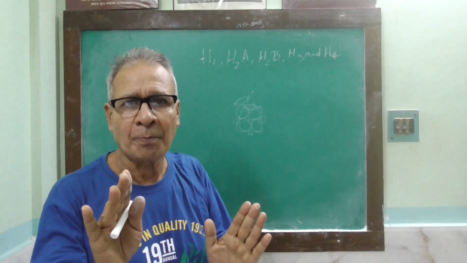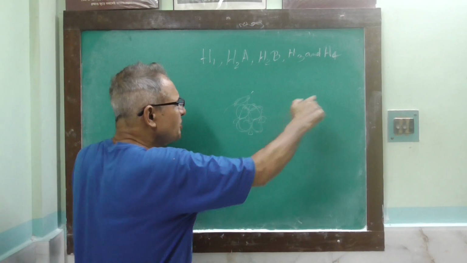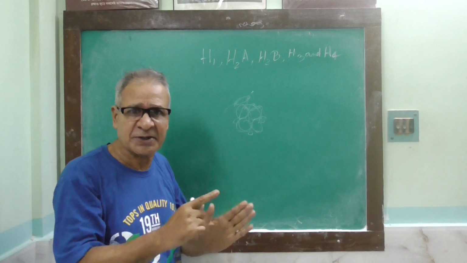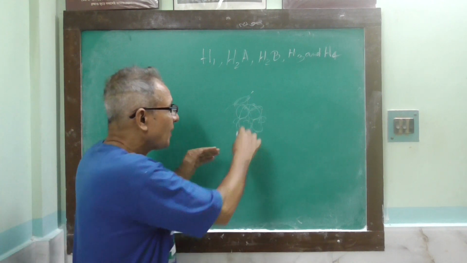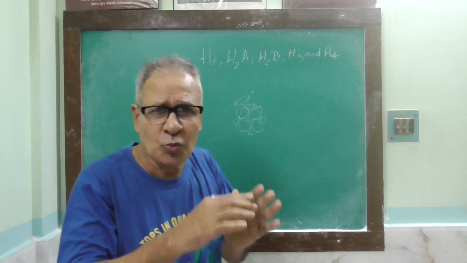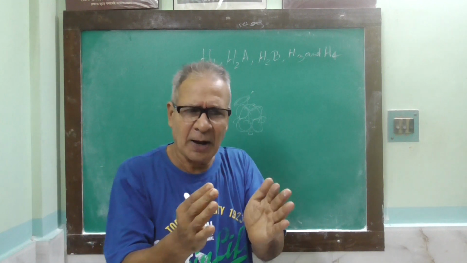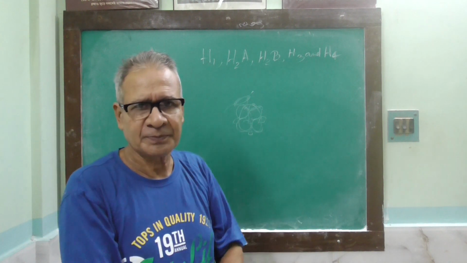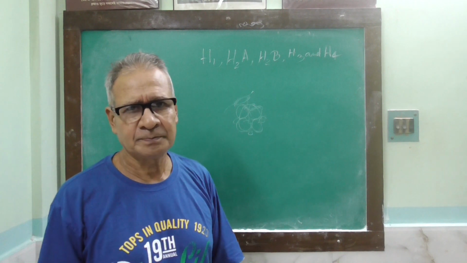So a long DNA thread present inside the nucleus, by the formation of numerous nucleosomes, becomes very thick and short, and it is the chromosome.